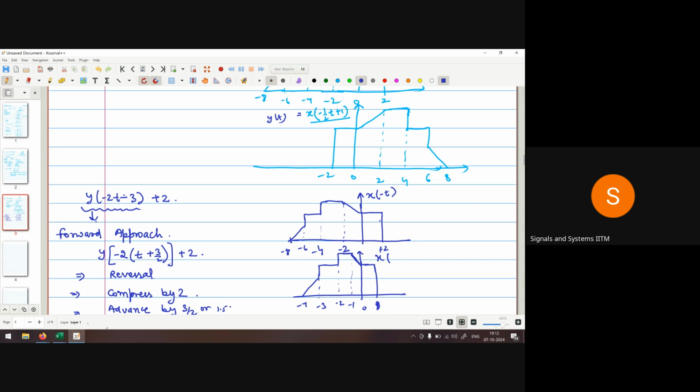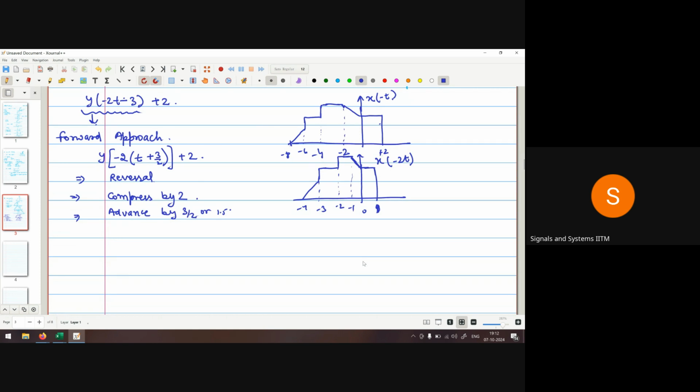This is x of -2t. Now we have to advance the signal by 3 by 2.